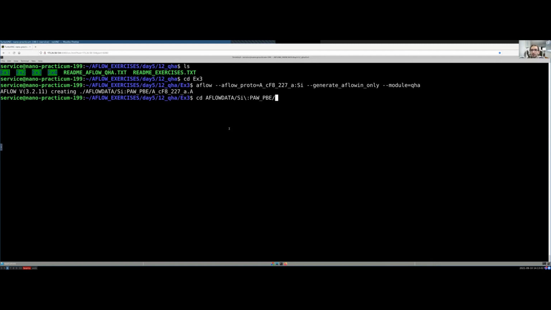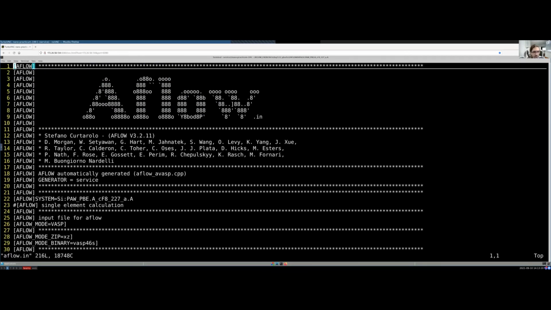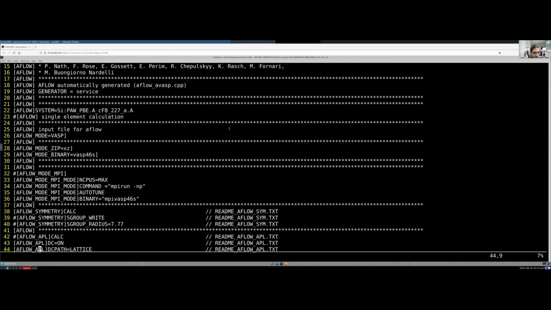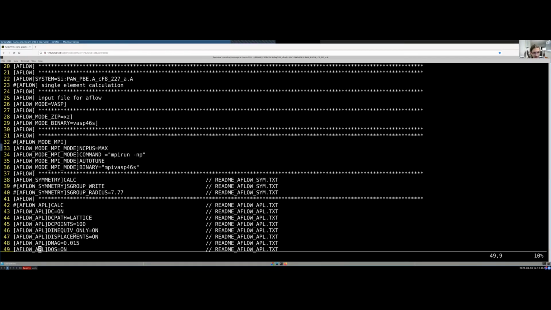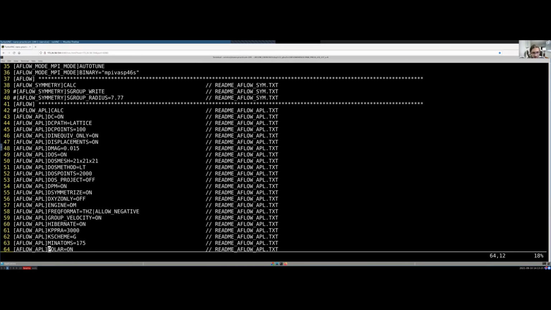And AFLOW creates the AFLOW in file for you. So we go to the directory, you see the AFLOW in file, and we want to modify it. We go to the APL block and we put polar off, since there is no need to do polar corrections.